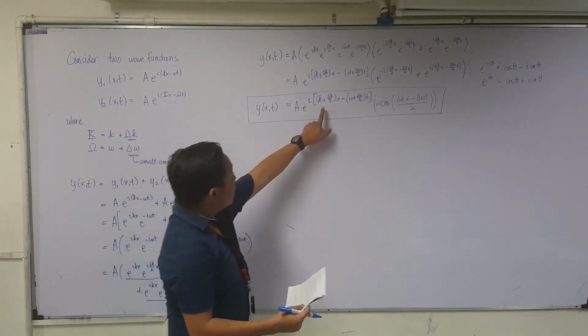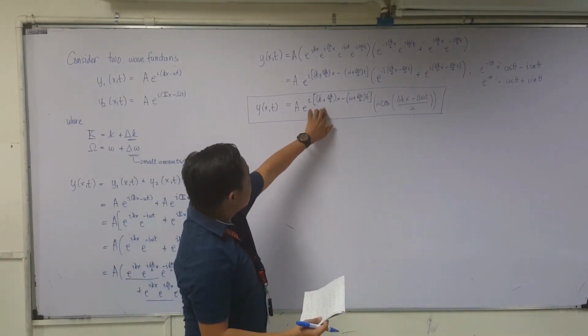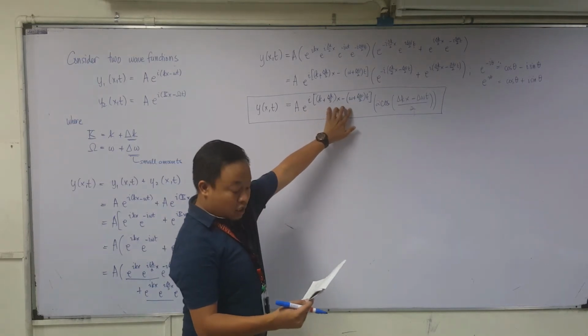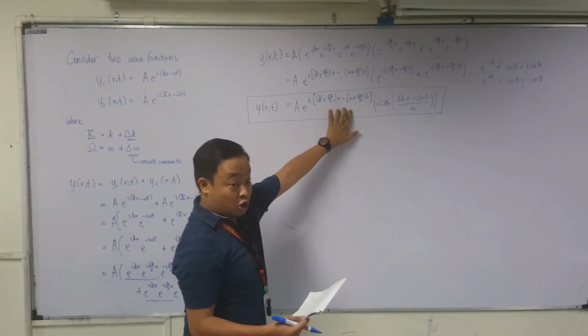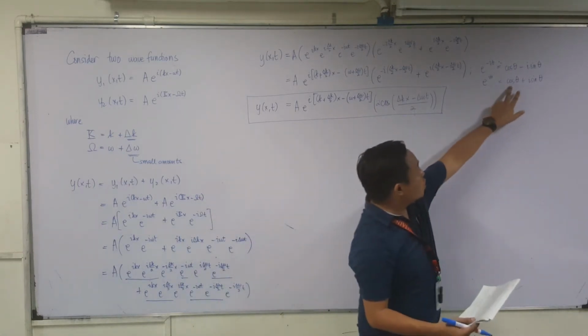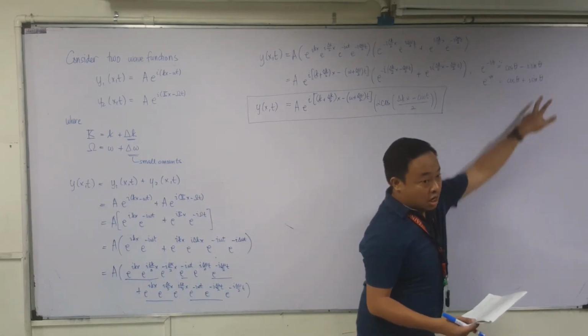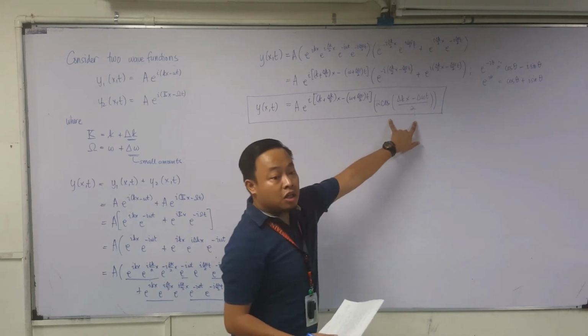You will notice here again, this is considered to be a complex function that includes a cosine and a complex exponential. This is a real function.